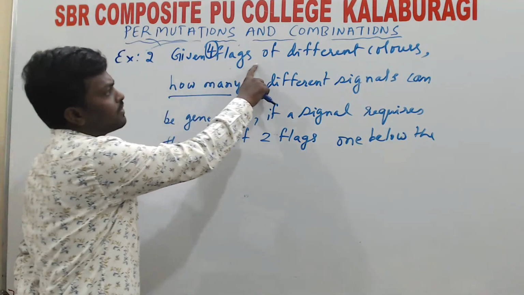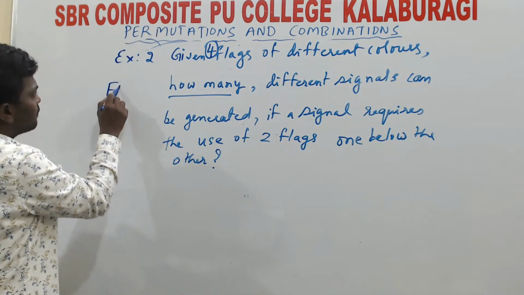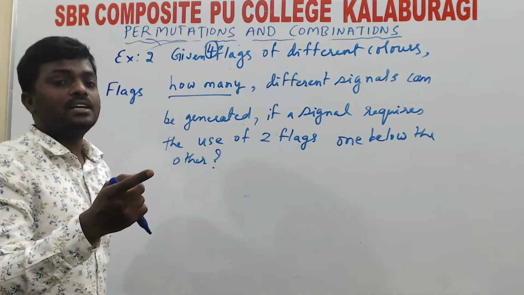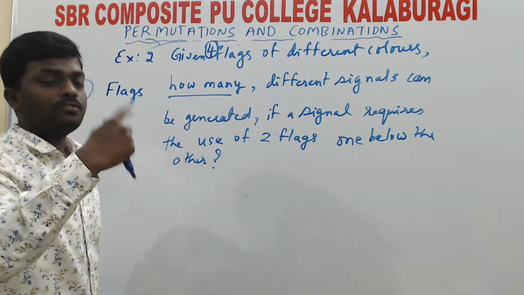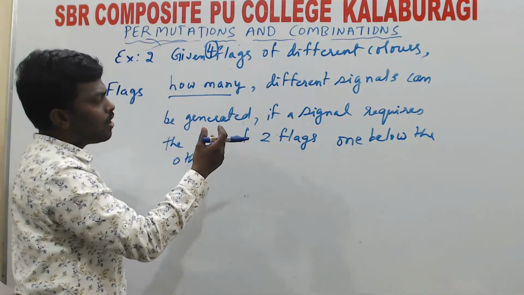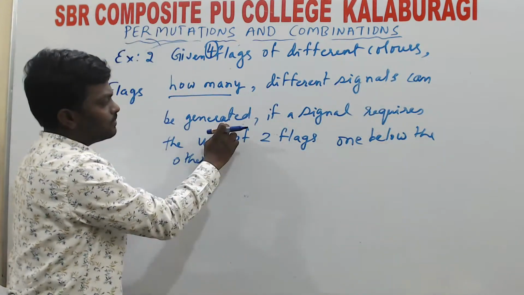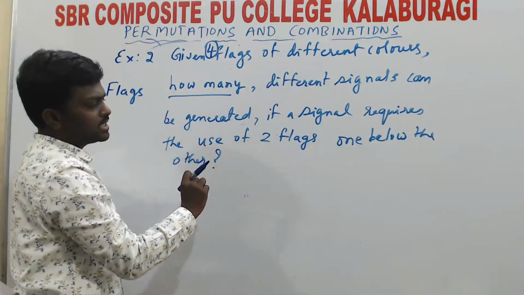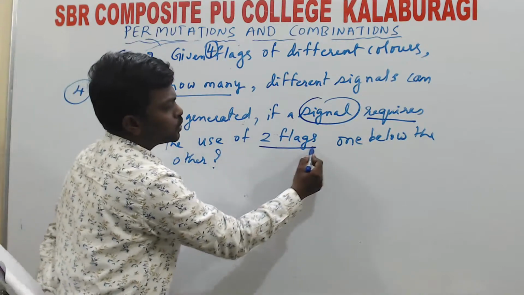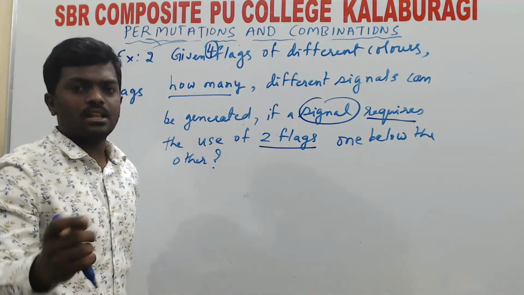So given four flags of different colors, we have been given four flags. You can see flags are of different colors. Again, I have told you, such questions only ask how many. How many different signals can be generated if a signal requires the use of two flags? The signal requires only two flags. Have you seen a traffic signal? The same way.